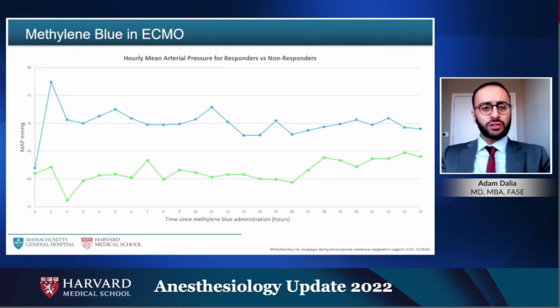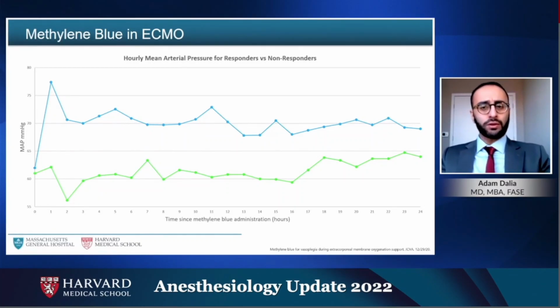At our own institution, we retrospectively reviewed around 45 patients who received methylene blue who were on VA ECMO. These patients are already at high risk for vasoplegia. And these 45 patients were diagnosed with vasoplegic shock, meaning that they were flowing as much as they could on the VA ECMO circuit, but they were still having low blood pressure despite high-dose vasopressors and adequate volume resuscitation.